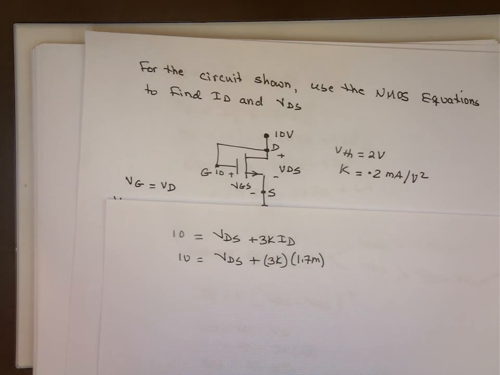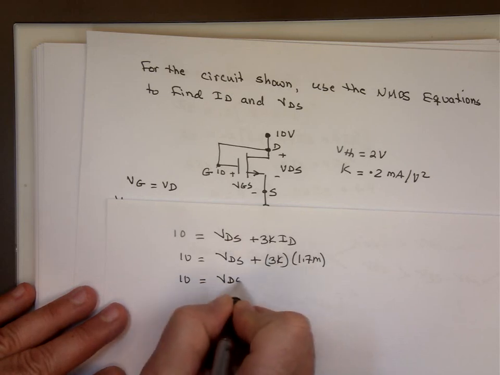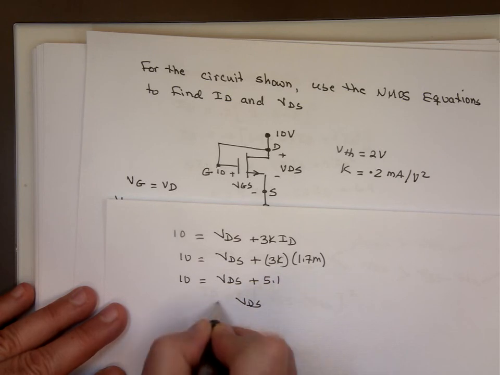So what's 3 times 1.7? 5.1. VDS equals 4.9.